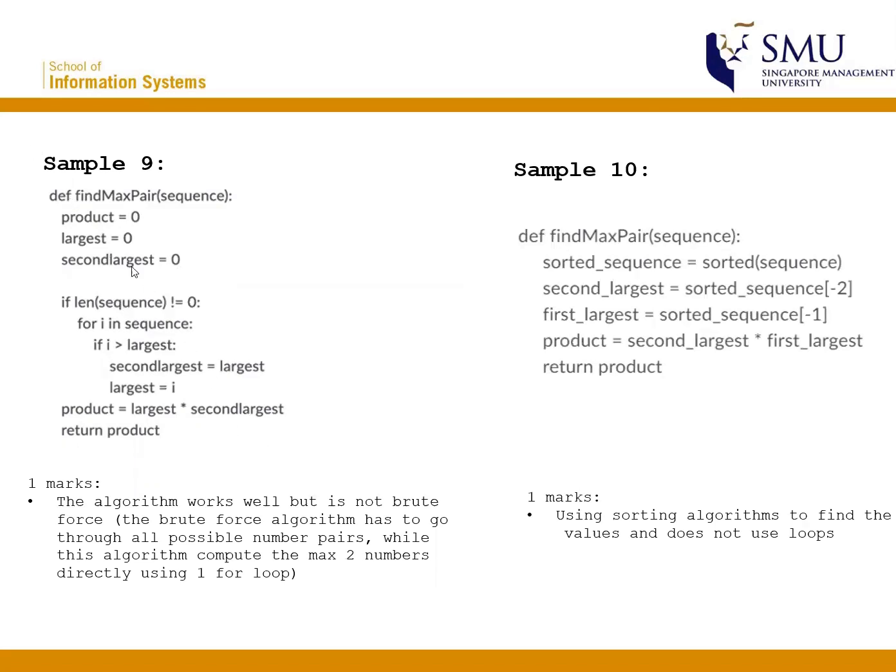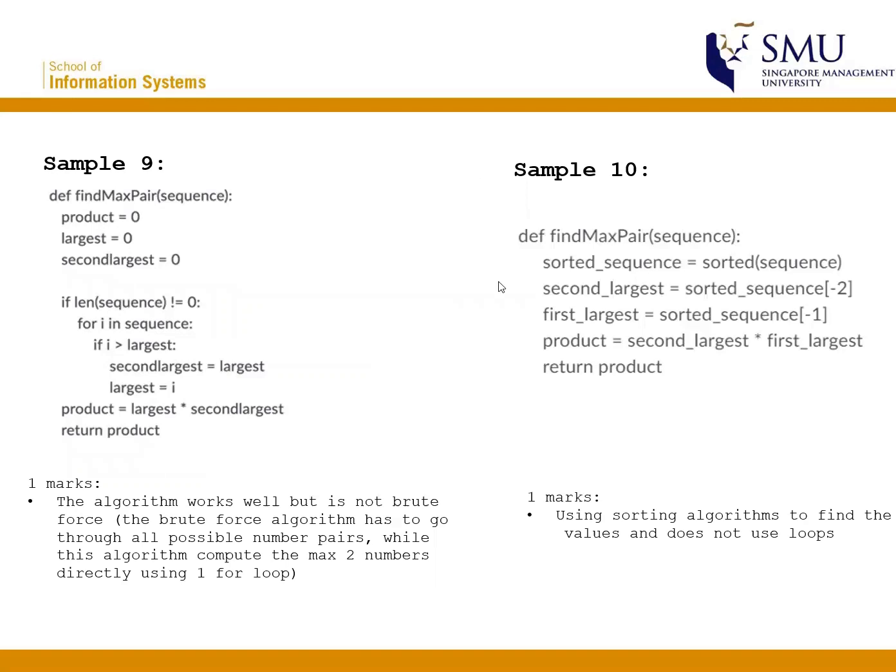For example, in sample 9, the idea is to find the largest 2 numbers and multiply them together. The algorithm can return the right answer. However, it's not brute force, since brute force means you have to traverse all possible pairs of integers. So it will only get 1 mark.